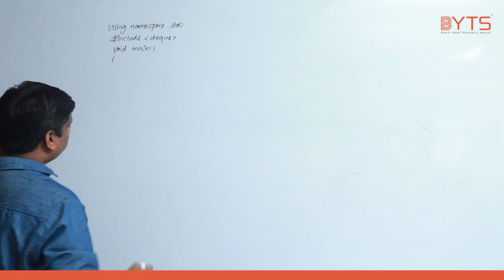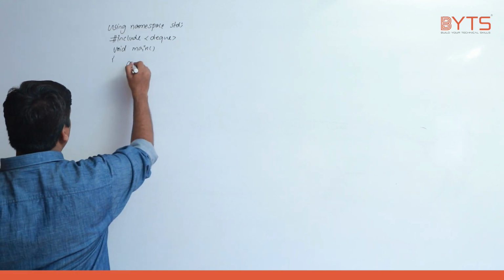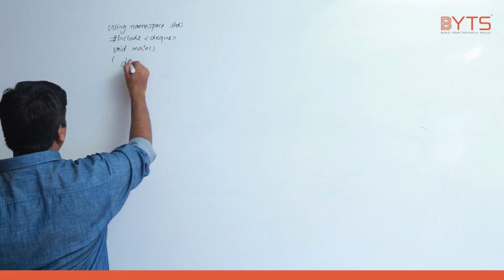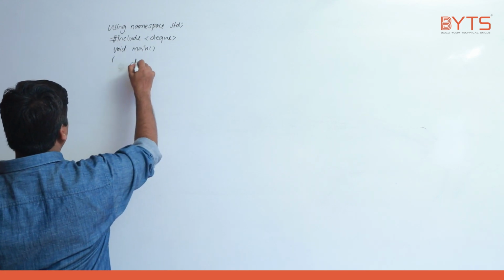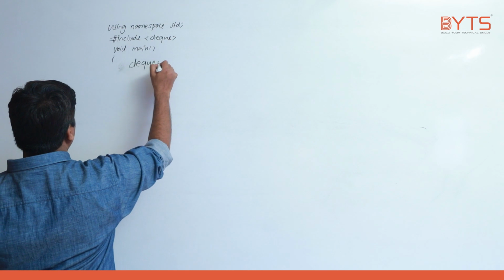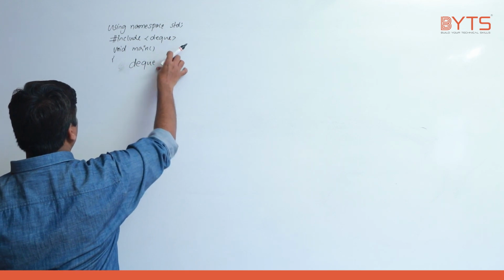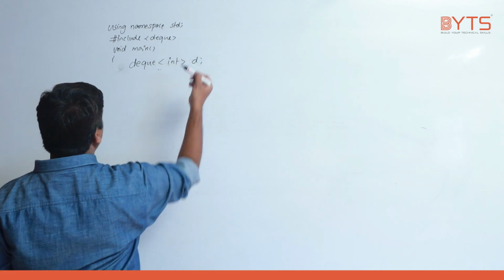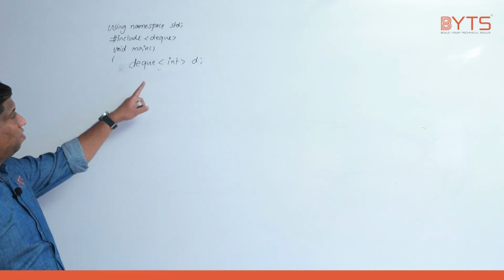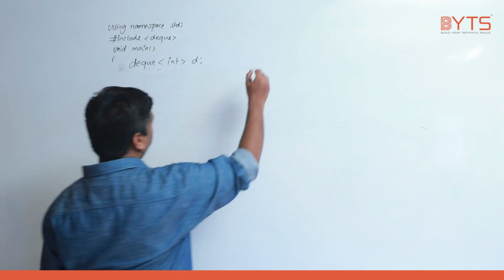You can write anything. Next, DeQueue of int, let me take d. D is an object which is of type DeQueue. So this is a DeQueue.